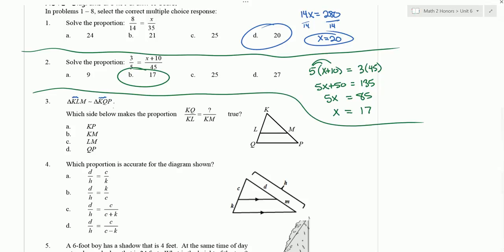And so KM is the first and the last. So I'm going to go first and last from the second triangle, which would be KP. So KP is what we want.